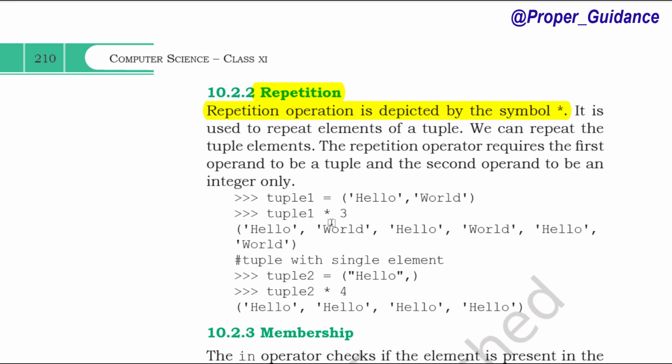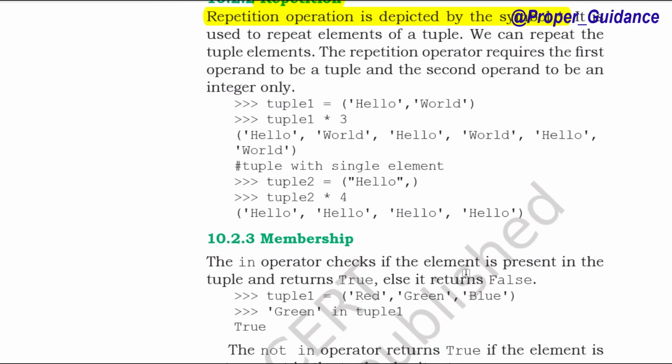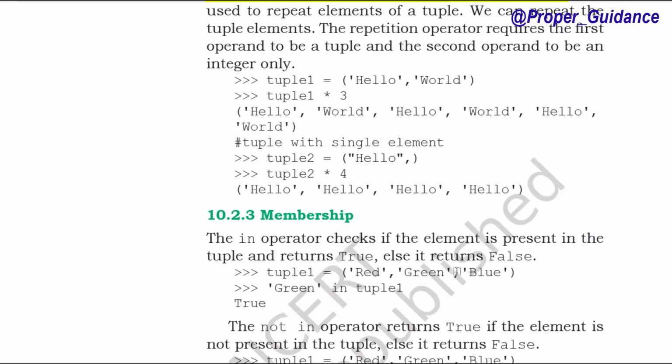Tuple 1 asterisk 3 will give you hello world, hello world, hello world. Tuple with a single element, tuple 2, hello, and so on. Okay, so these are the techniques to write in the Python programming language.